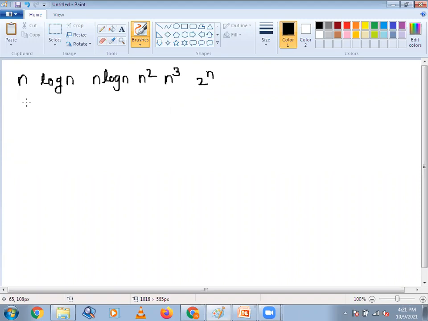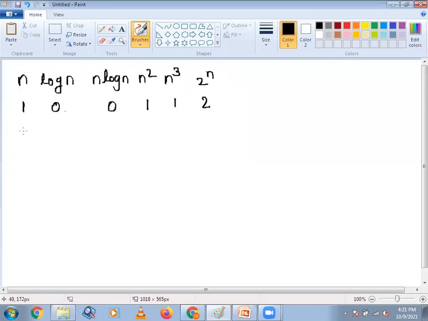If we put value of n is 1, log n is 0, n log n is 0, n square is 1, n cube is 1, then 2 raised to 1 is 2.